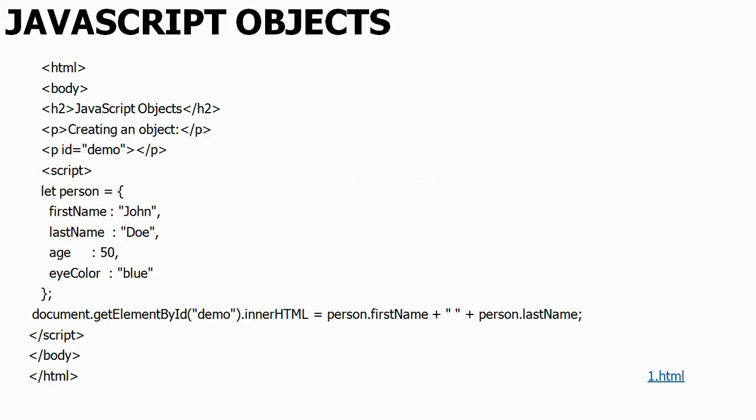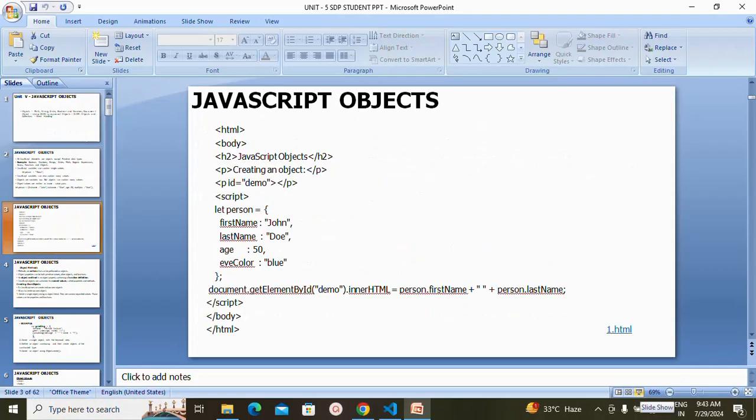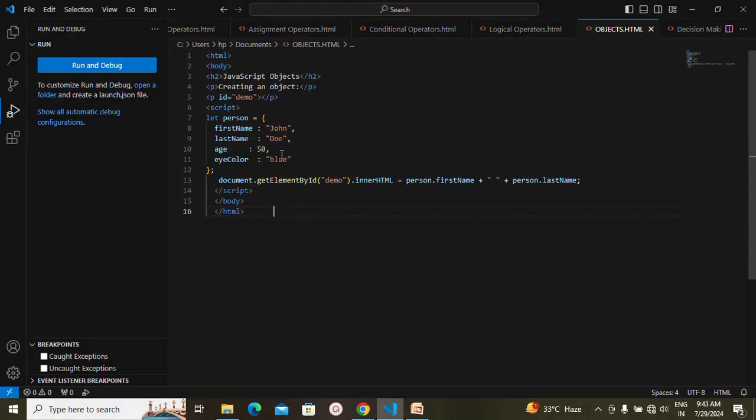For example, this is your example program. You have to execute the example program in VS Code. JavaScript basic objects.